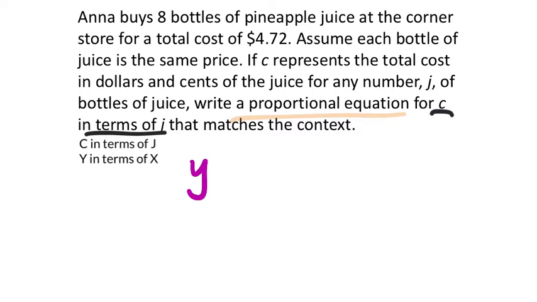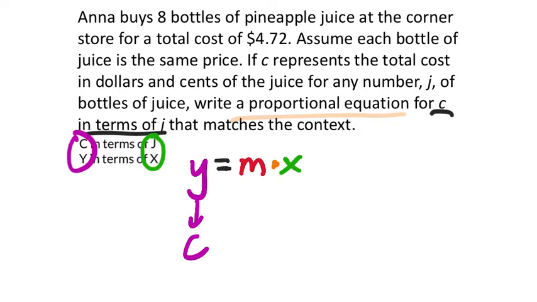So we've got y equals m times whatever the x is. Put the multiplication in there. It's just this time, instead of using a y, over here we can see that they're using a c, and instead of an x, they're using a j. But again, here we need to figure out what that constant of proportionality is so we can fill in this blank.